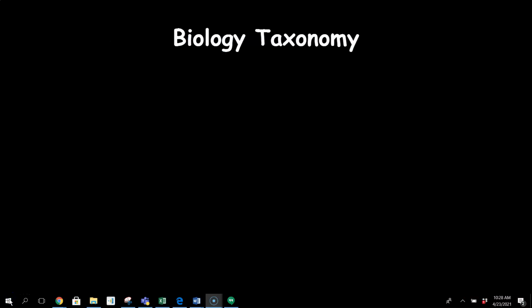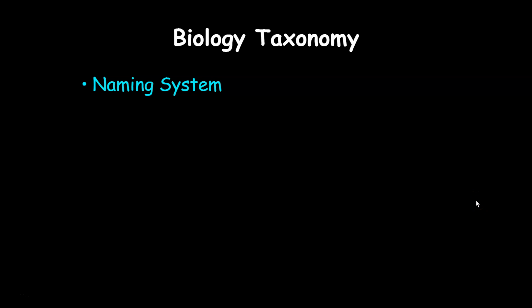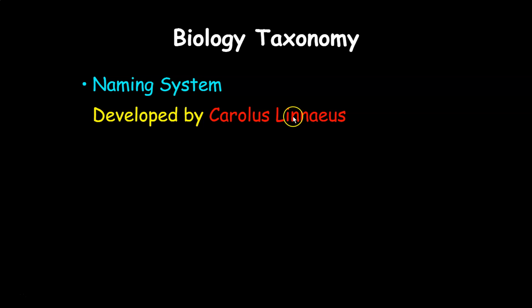Hey, so that was a good video, right? Really shows you what it was all about. So we're going to be talking about the taxonomy, which you just heard about. It's a naming system, right? And it was developed by Carl Linnaeus.